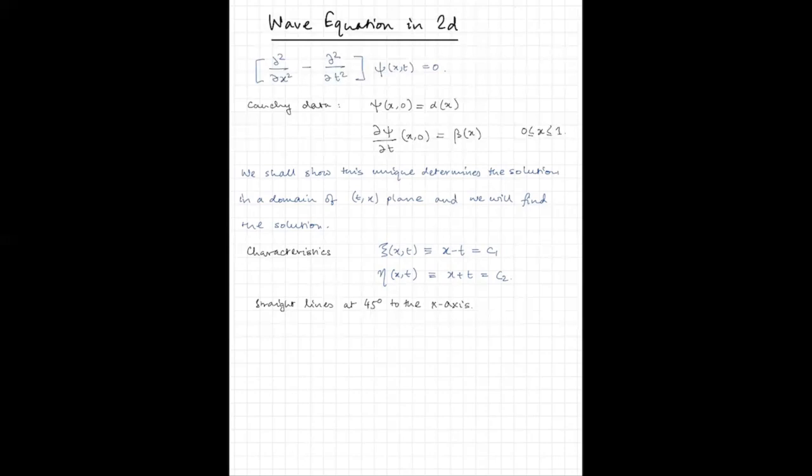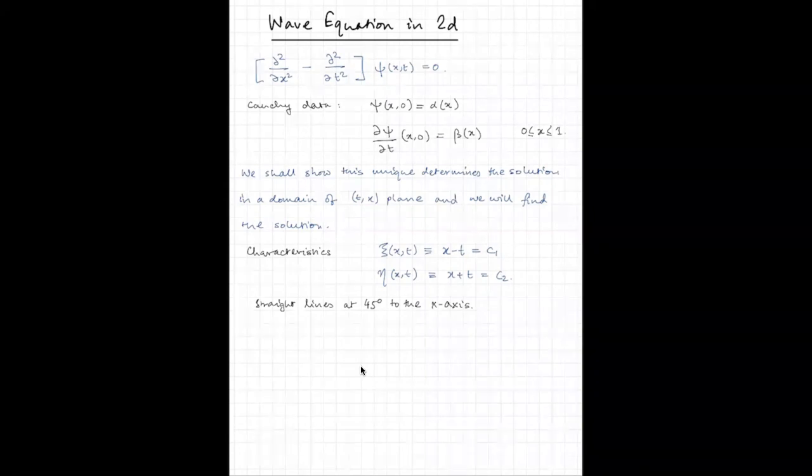Now, suppose you have an open hypersurface at t equal to 0. This is never going to be parallel to this family of straight lines at 45 degrees at any point.